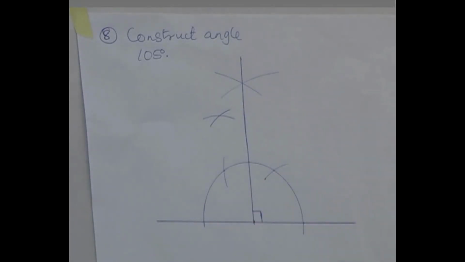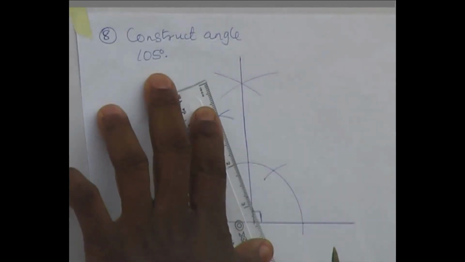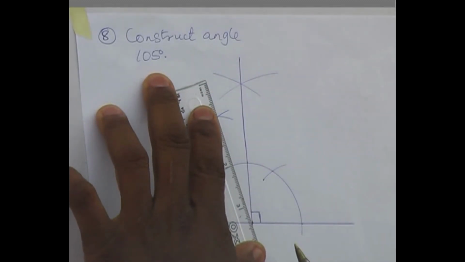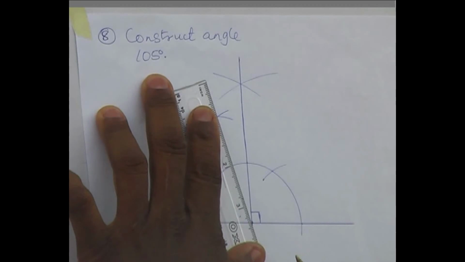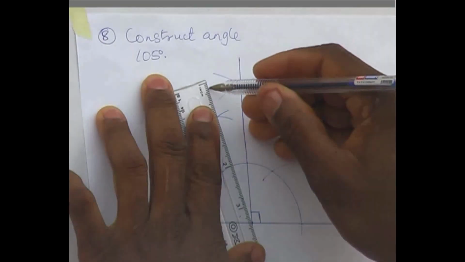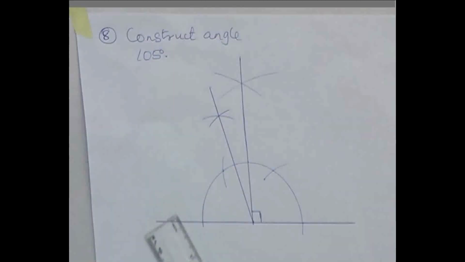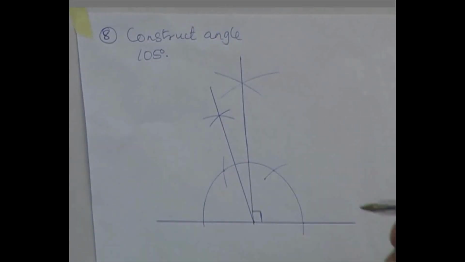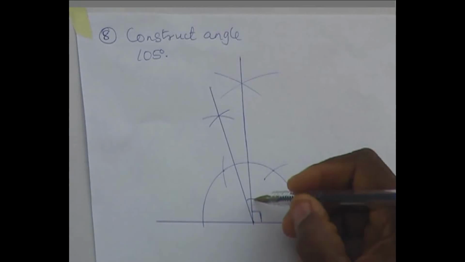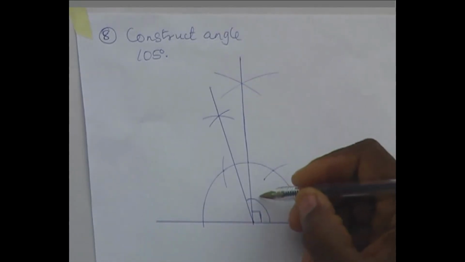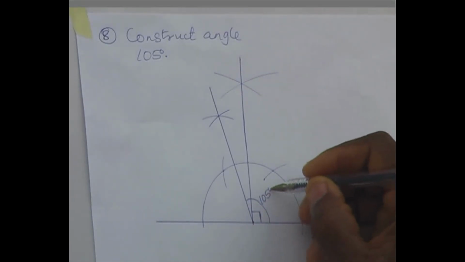Now join that point of intersection to the center of your semicircle. When you do that, you have succeeded in constructing angle 105. That means this angle now is measuring 105 degrees.